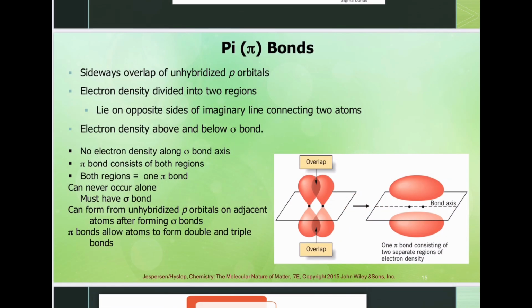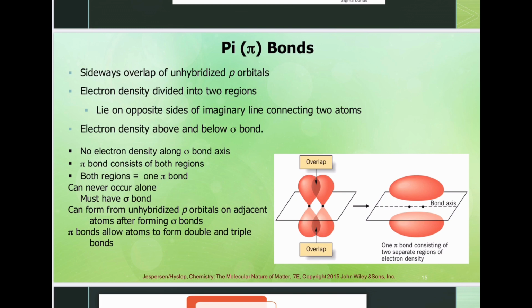Pi bonds: sideways overlap of unhybridized p orbitals, electron density divided into two regions, lie on opposite sides of the imaginary line connecting two atoms, electron density above and below the sigma bond. No electron density along the sigma bond axis.